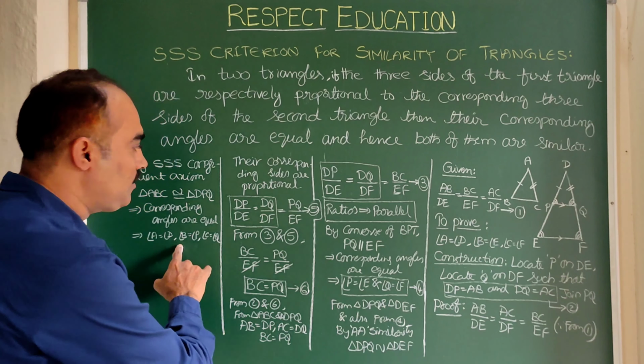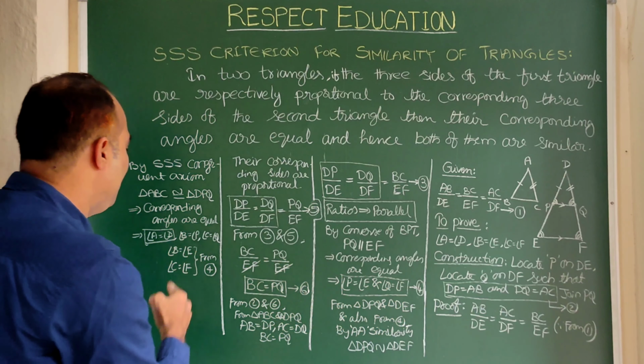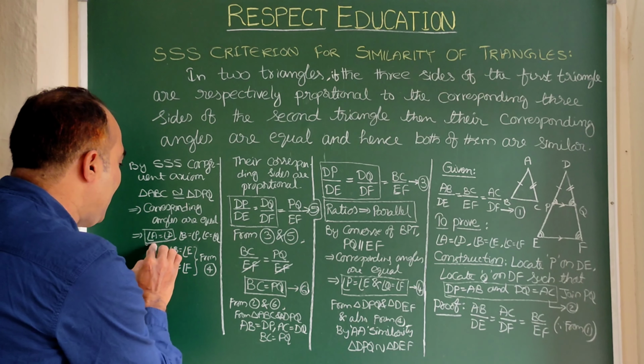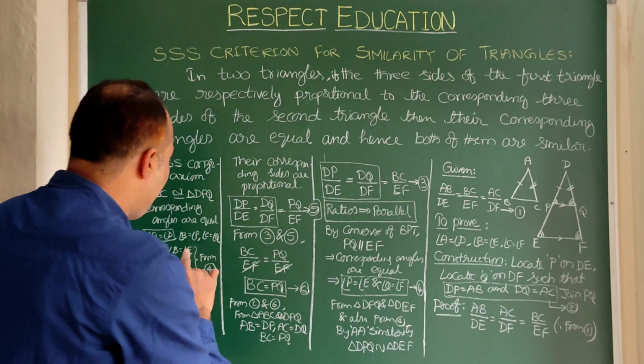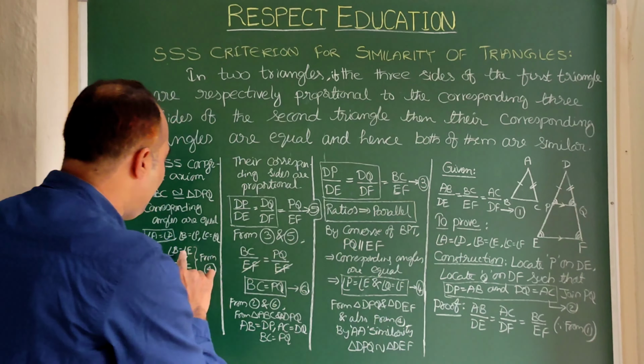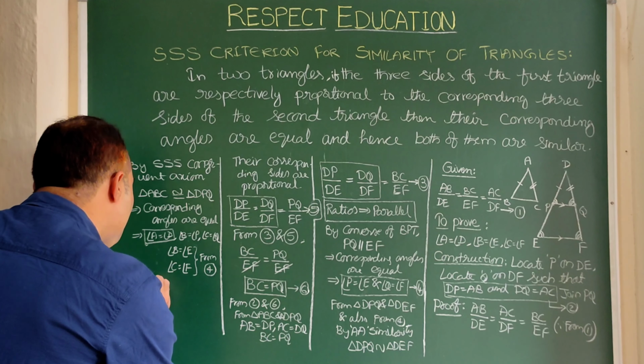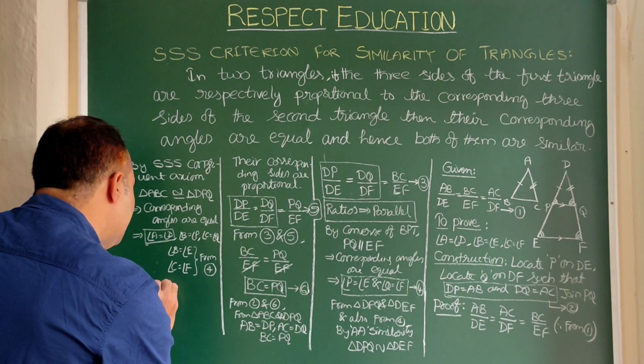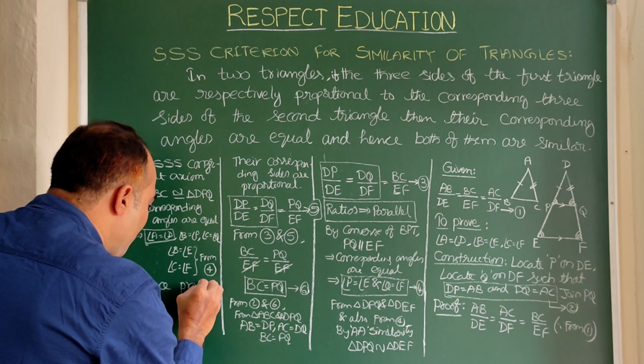Same way, angle C equal to angle Q, but from equation 4, angle Q is angle F, therefore angle C equal to angle F. Now you compare, we got angle A equal to angle D, angle B equal to angle E, and also angle C equal to angle F. So with this proof, it is hence proved.